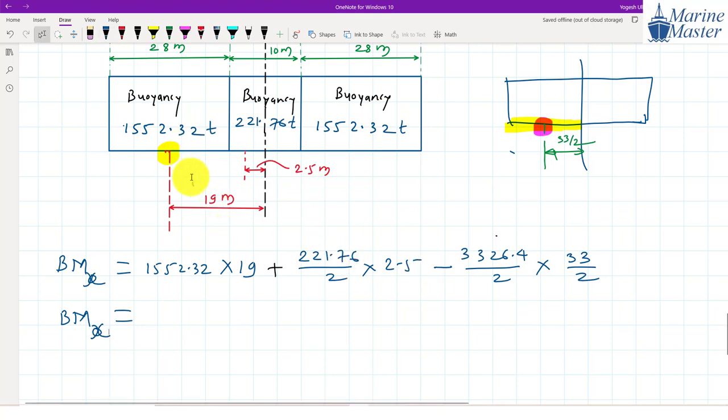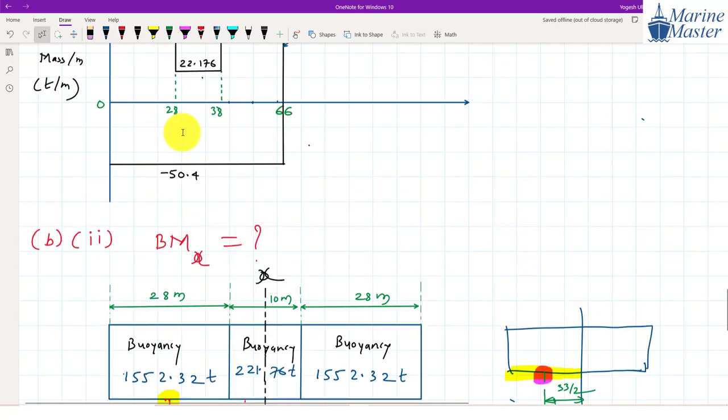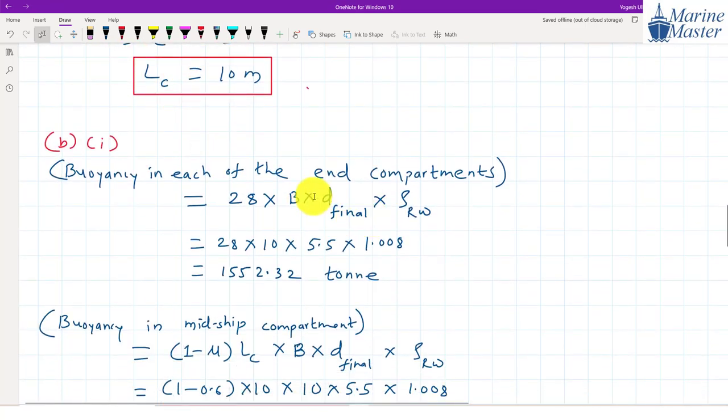Because this is the buoyancy force of this entire compartment. Now see this one. If you are considering half, then that is the buoyancy of the entire ship. This is the buoyancy in each of the end compartments. Okay, you are getting the point.